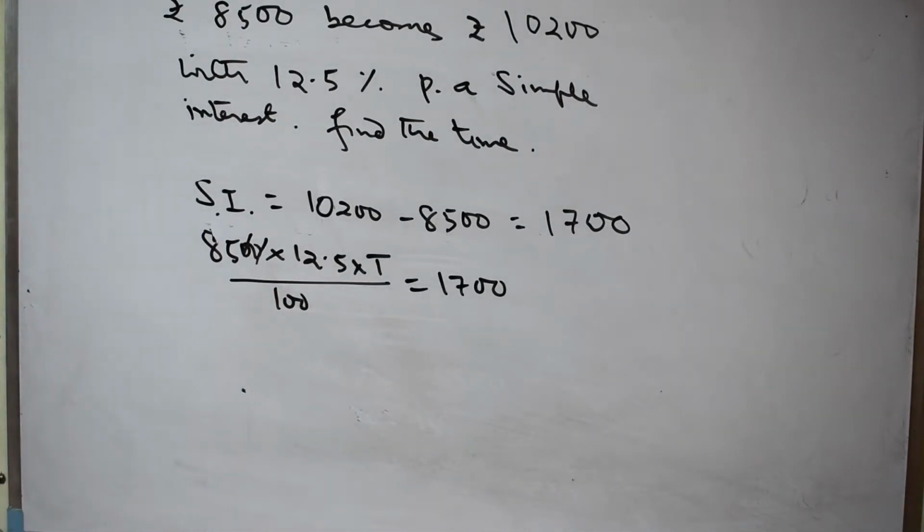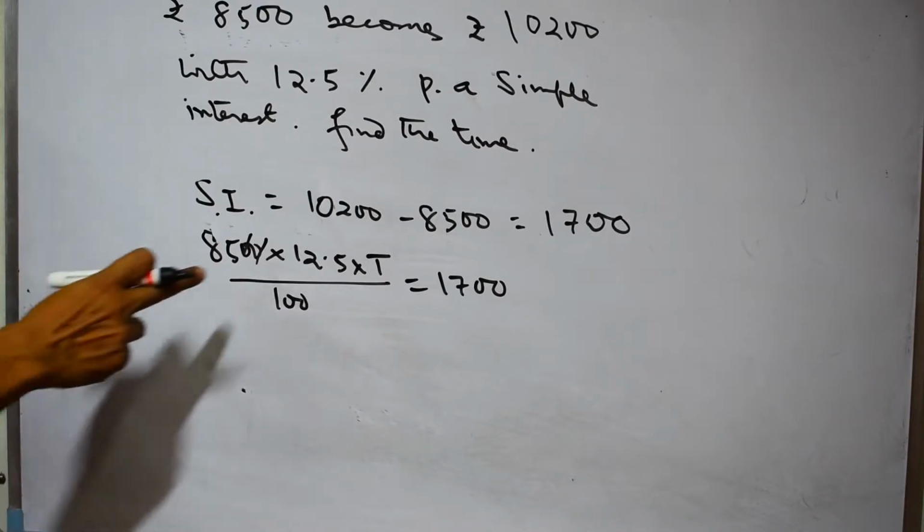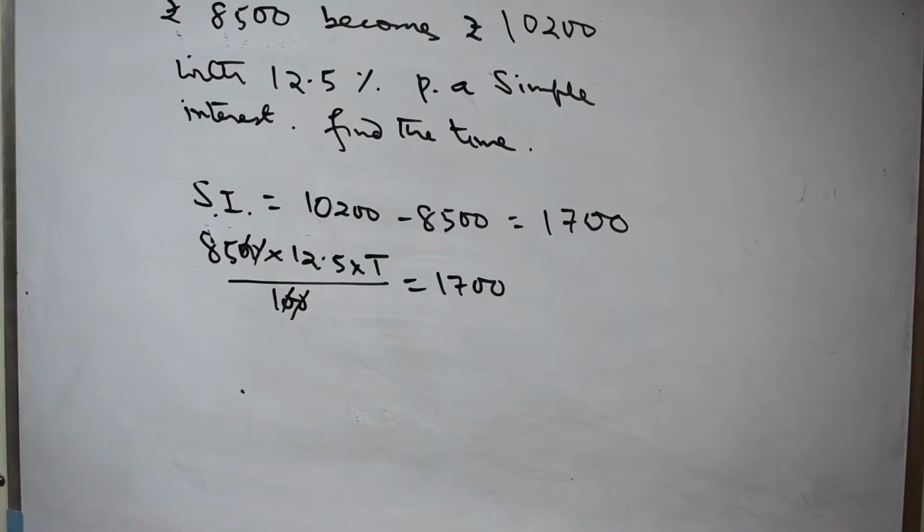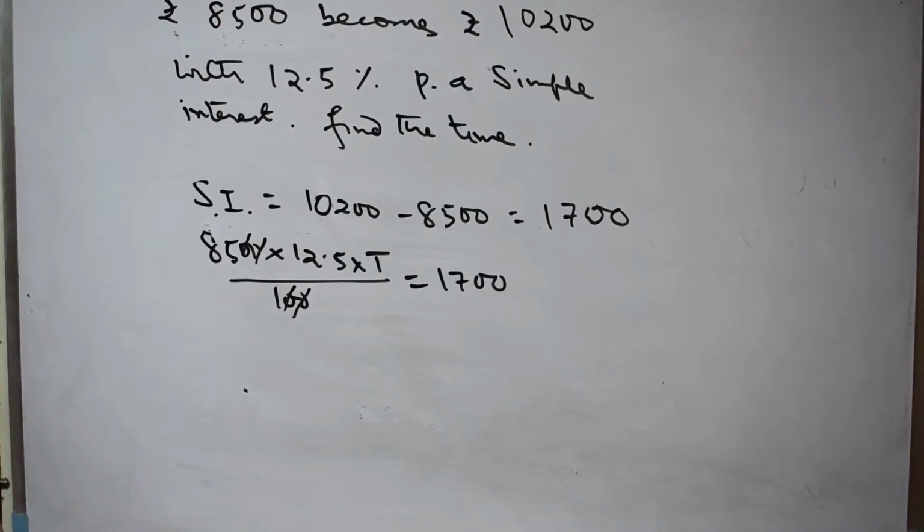So 85 into 12.5, we can use a calculator for that, otherwise it is to be done with fractions.